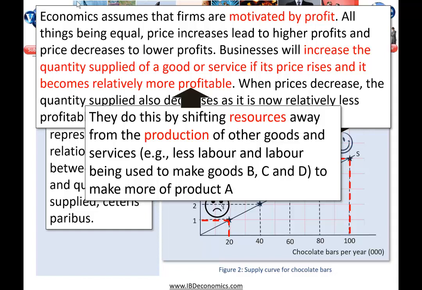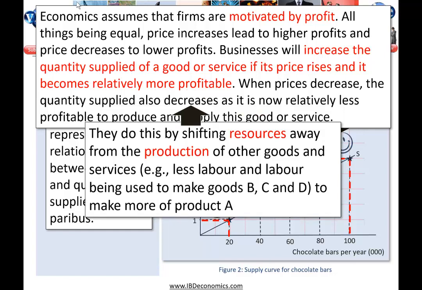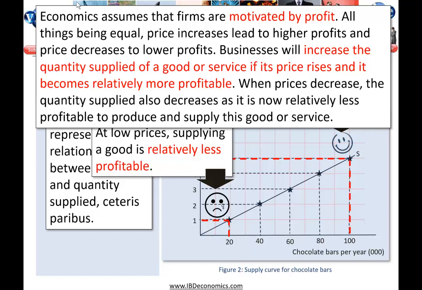So, for example, they're going to shift labour away from goods B, C, and D if the price of good A increases and that becomes relatively more profitable. And similarly, when prices decrease, the quantity supplied also decreases, as it's now relatively less profitable to produce and supply this good or service.